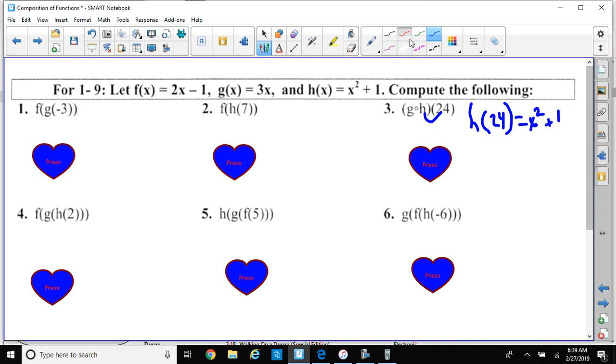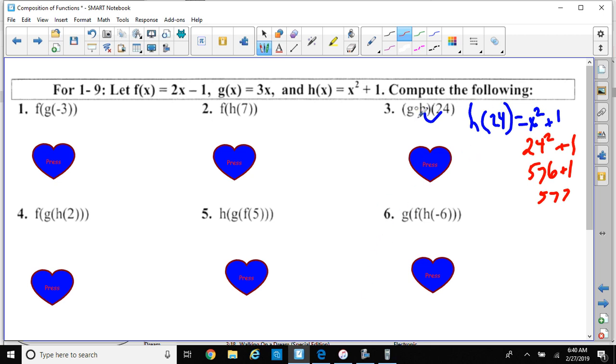We know h of 24, we're going to replace the x with 24 and square it and add 1. 24 times 24 is 576, plus 1 is 577. All right, so let's continue.